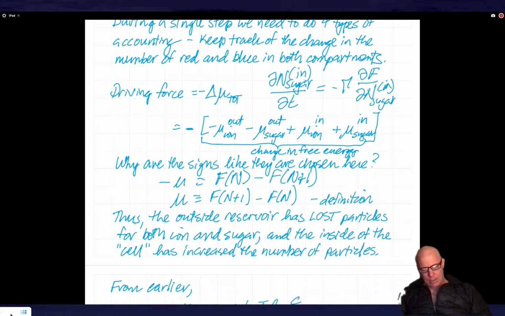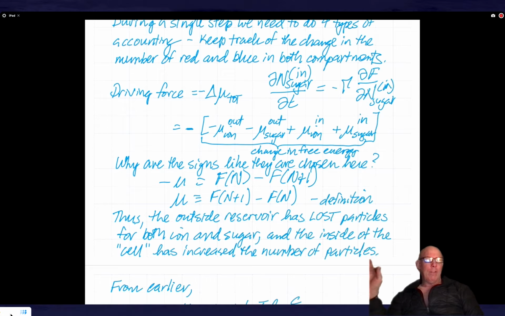So what did this thing say? It said that the driving force is given by basically the change in free energy when a single ion and a single sugar move from the outside to the inside. When I do that, the number of sugars and ions on the outside goes down.